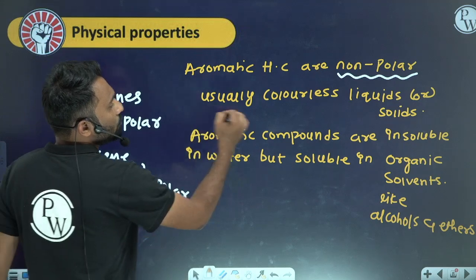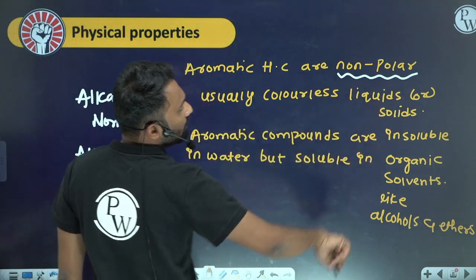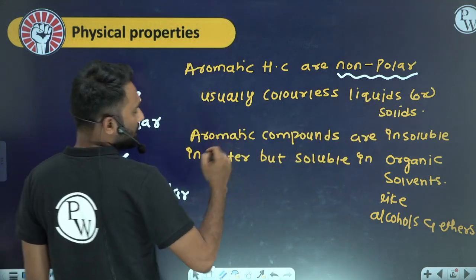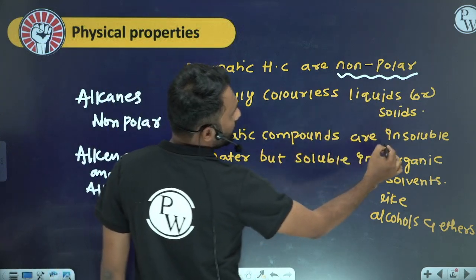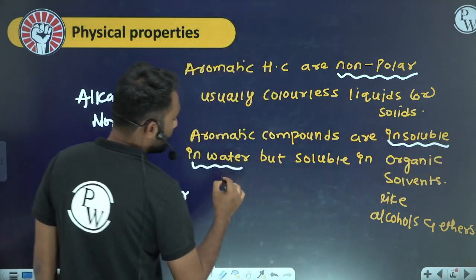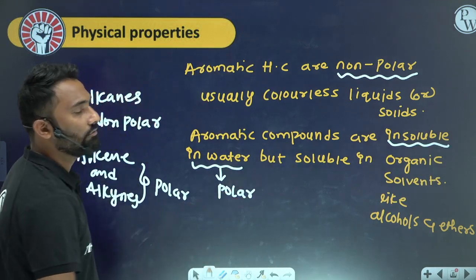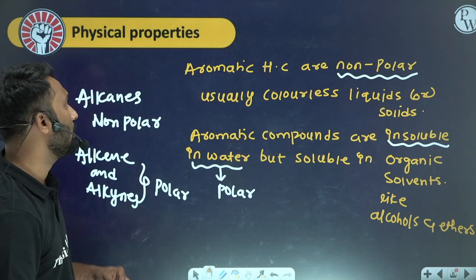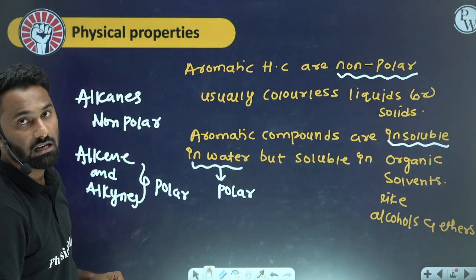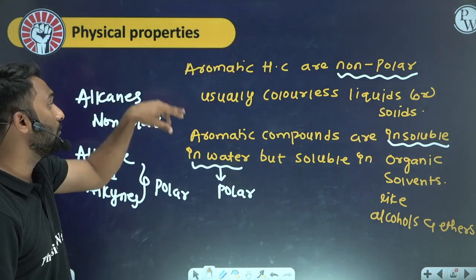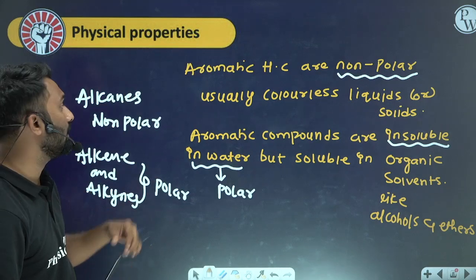These are usually colorless liquids or solids. Aromatic hydrocarbons are insoluble in water, because water is polar. Like will dissolve in like, unlike will not dissolve in unlike. Alkanes will dissolve in benzene. Clear?